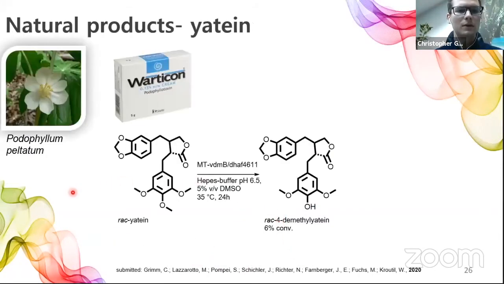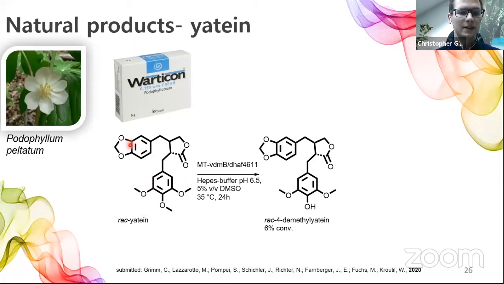Now, also with natural products, with the yatein, that's a rather promising approach because we want to have larger molecules. We also want to apply them for pharmaceutical use, and therefore we use the racemic yatein, which contains these 3 methoxy groups.